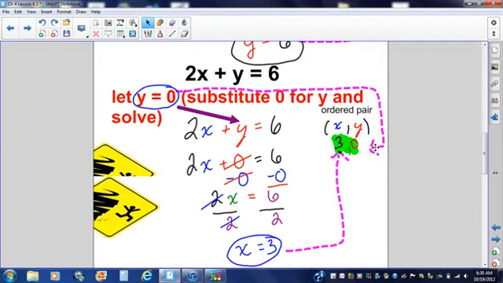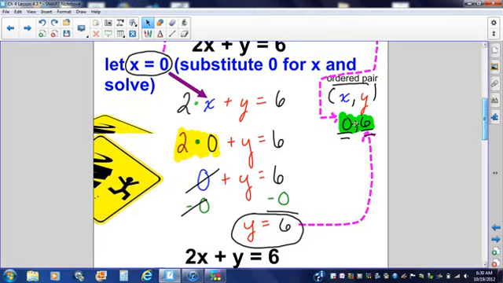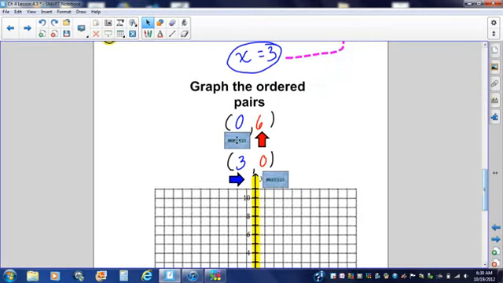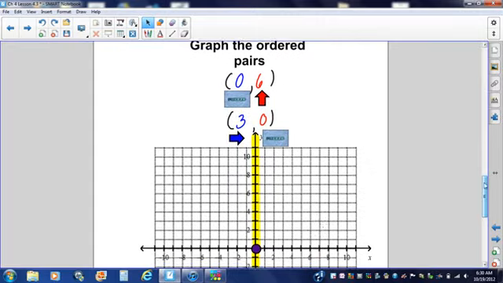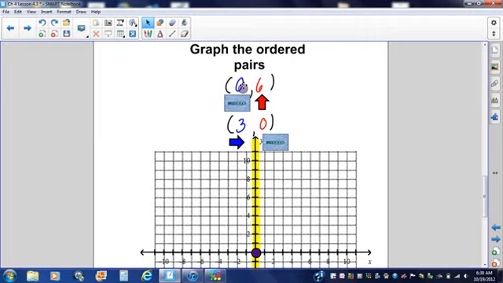Now I have an ordered pair, 3, 0, and I have an ordered pair, 0, 6. I will graph the ordered pairs, 0, 6, and 3, 0. Freeze, go up 6. Go right 3, freeze.